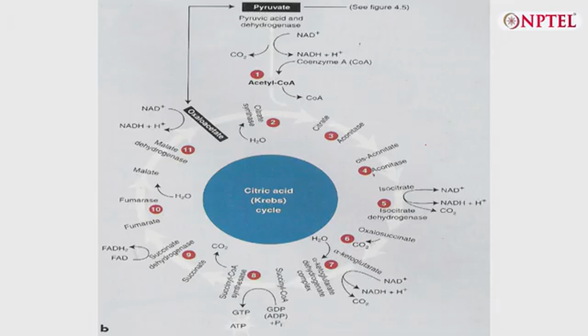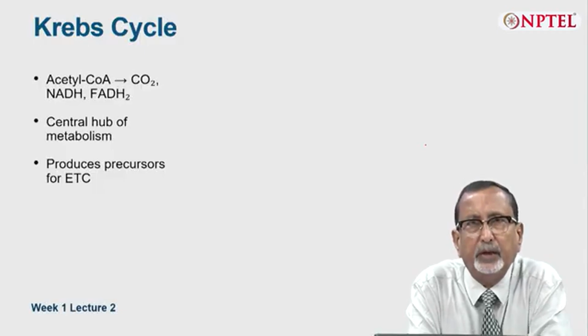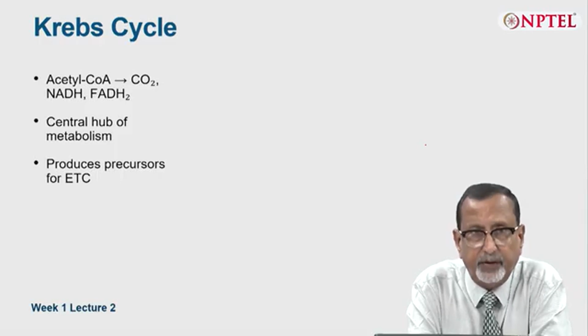So here NAD and FAD are the two carrier molecules which hold hydrogen, becoming NADH and FADH2, and then they go to the electron transport chain inside the mitochondria. The ATP is being generated.